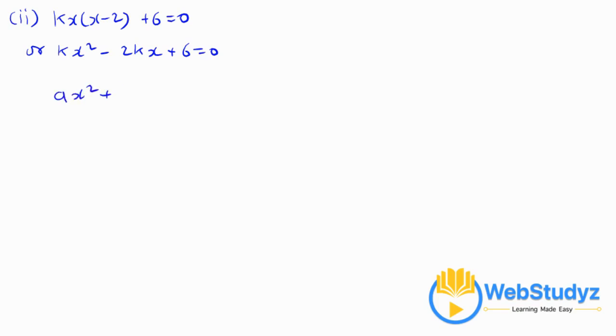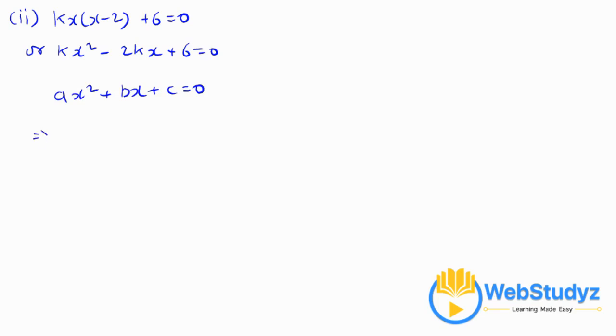Now move on to the second equation, which is kx into x minus 2 plus 6 equals to 0, or we can simplify it as kx square minus 2kx plus 6 equals to 0. Comparing this with the standard quadratic equation, which is ax square plus bx plus c equals to 0.